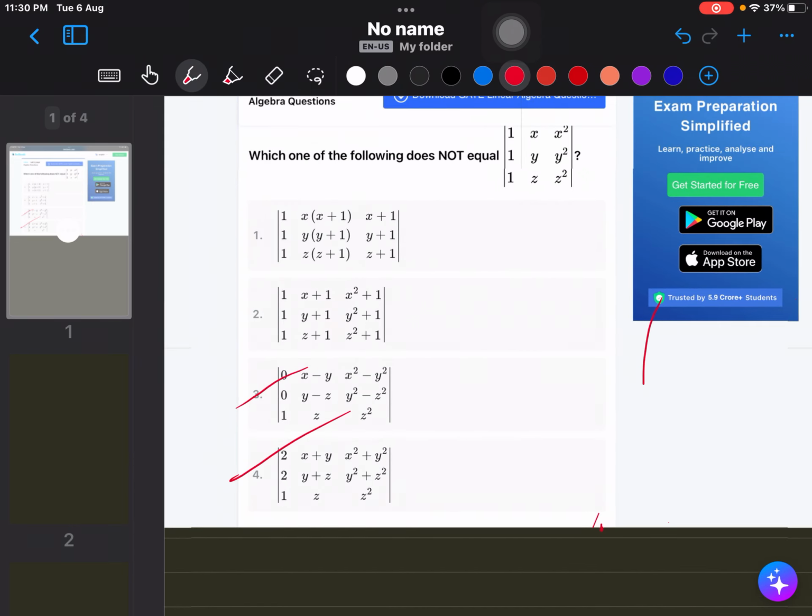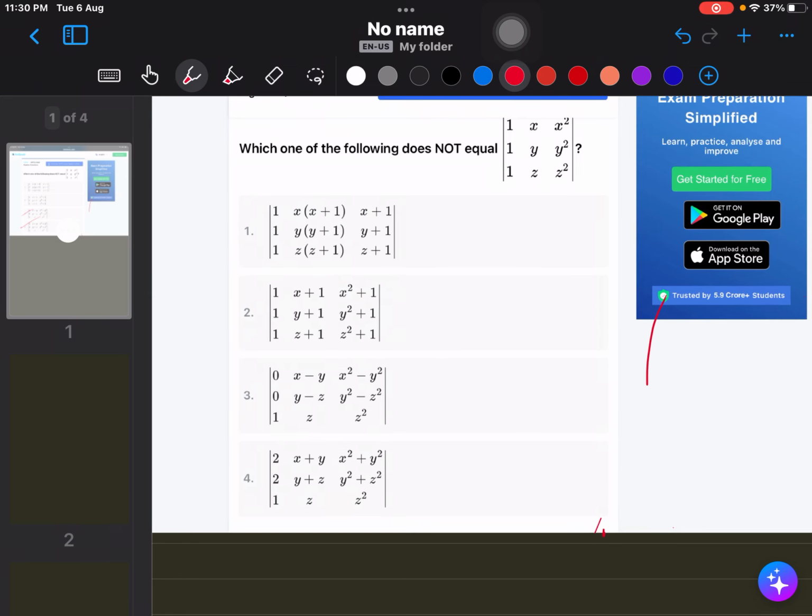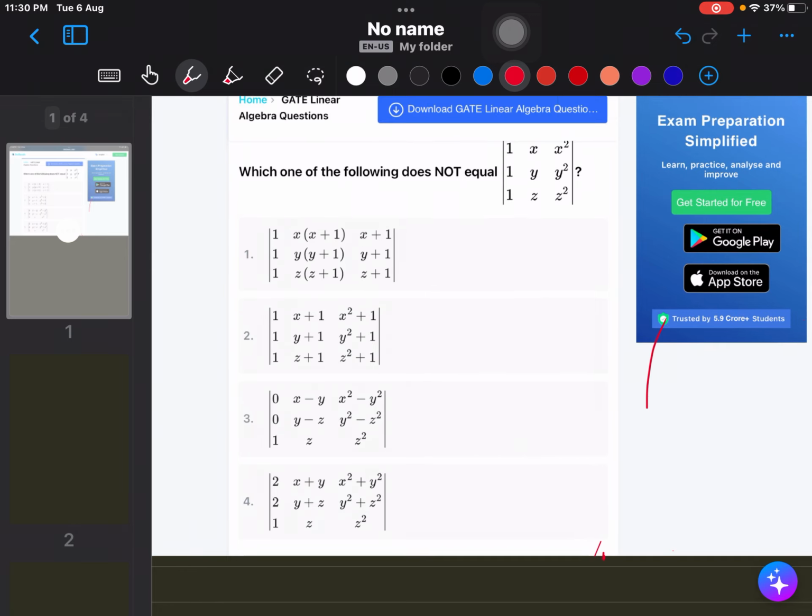So we have option number 3. What option number 3 says, this is 0 0 1 x minus y minus z. Okay, so we are subtracting row 2 minus row 1.